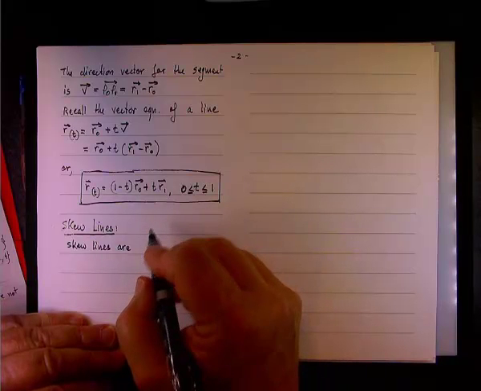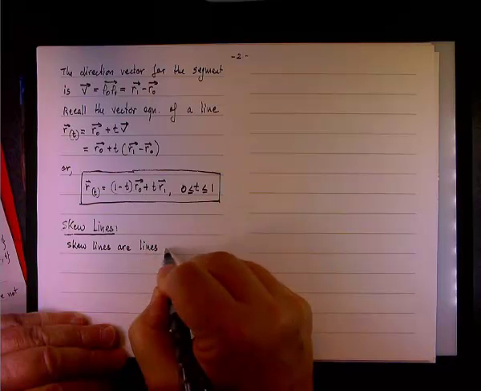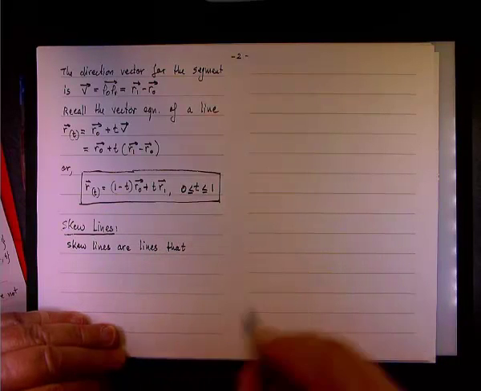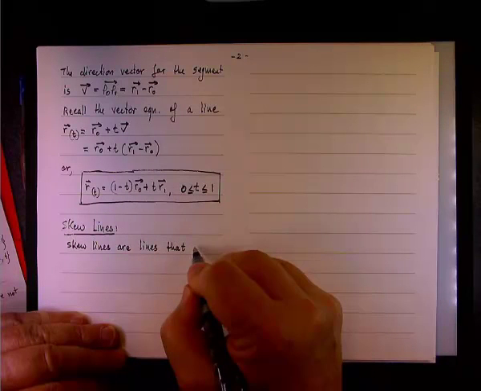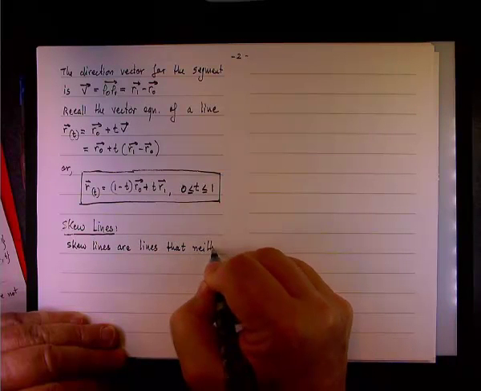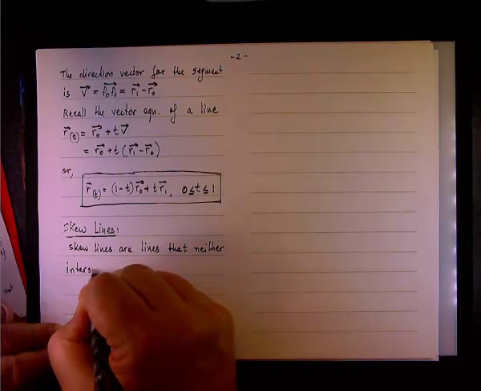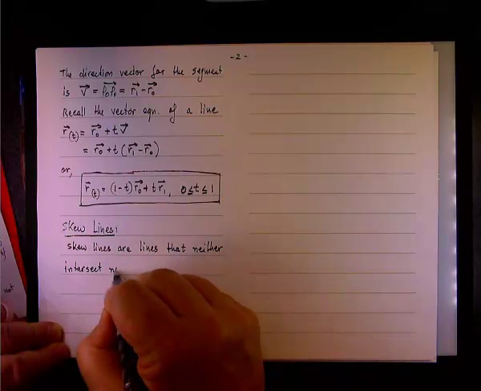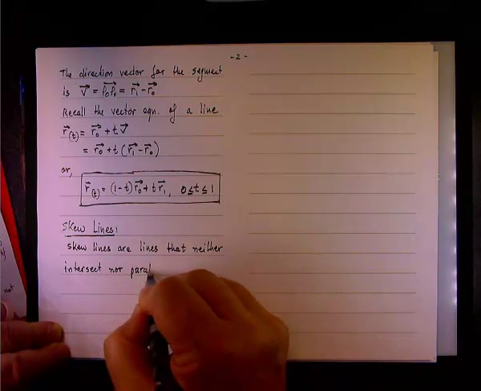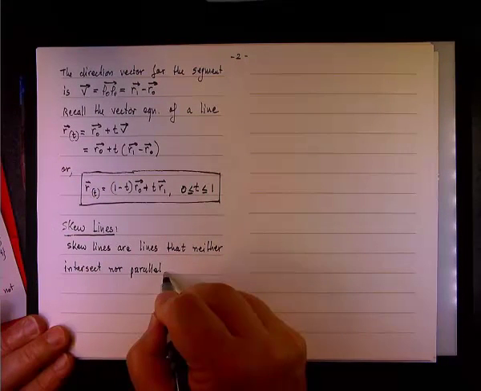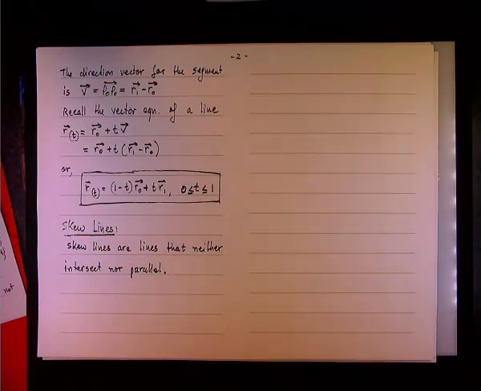Skew lines are lines that neither intersect nor are parallel.